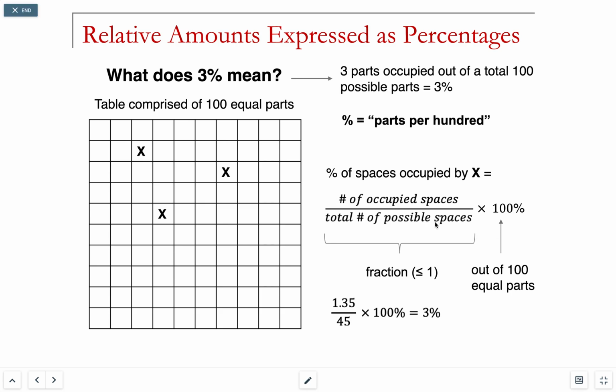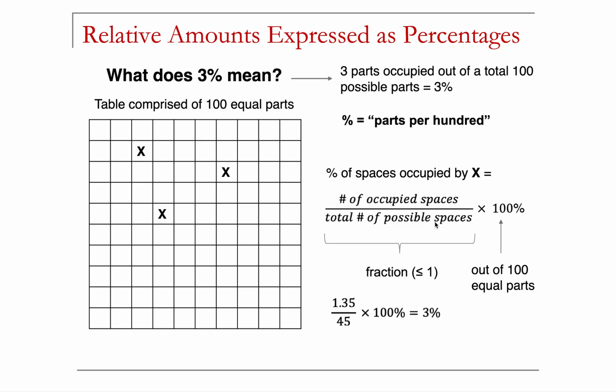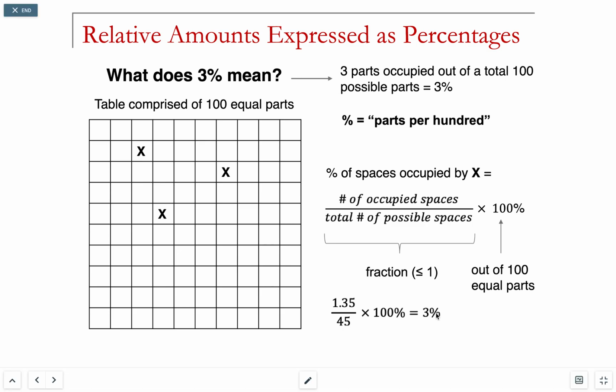Now, let's show you something else. There are many ways to get 3%. You don't have to have 100 equal spaces at the beginning. What if I had 45 total possible spaces and the number of occupied spaces was a fractional amount itself? 1 space is occupied and say a little over a third was occupied as well.